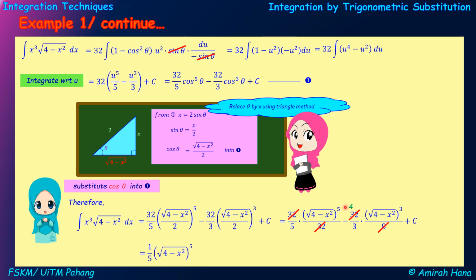After we simplify, we get 1 over 5, no more denominator 32, bracket square root of 4 minus x squared to the power of 5, minus 4 over 3, no more 8 here, bracket square root of 4 minus x squared, cubed, plus c. This is the final answer when we integrate x cubed square root of 4 minus x squared dx.